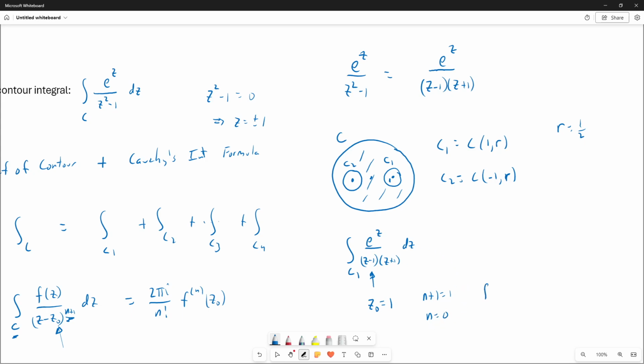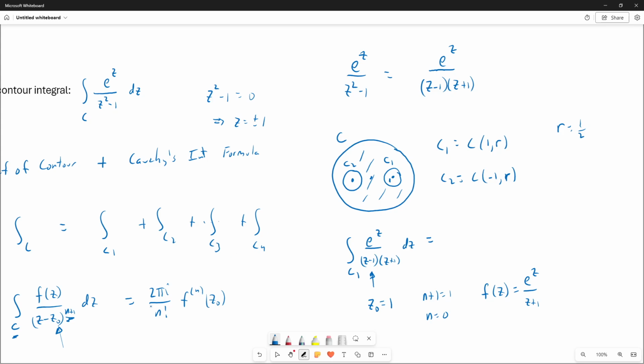And the function f of z is everything in the integrand other than this z minus z0 to the n plus 1. So everything in the integrand except for this factor. So f of z is e to the z over z plus 1. This function is analytic everywhere except at -1, and so it is analytic on this curve C1 and inside it.